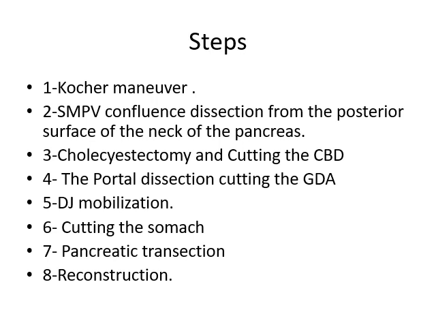Actually, anterior invasion is very rare, but you have to do it first. Then the third step, cholecystectomy and dissection of the CBD and cutting it, then portal vein dissection and cutting the gastroduodenal artery, then duodenal mobilization, after that cutting the stomach, pancreatic transection, and reconstruction.